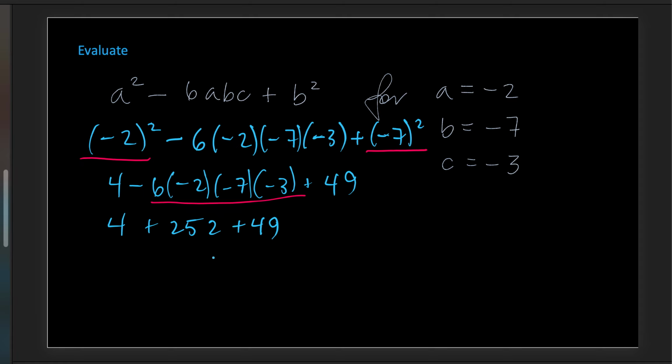And then you can add those up. 4 plus 252 plus 49, and that'll be 305. That's what I get. I hope that's correct, and that's what you get. And that's how to do that.